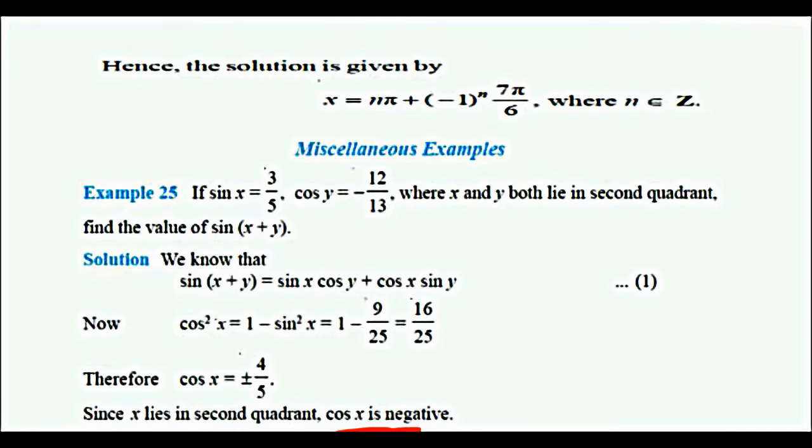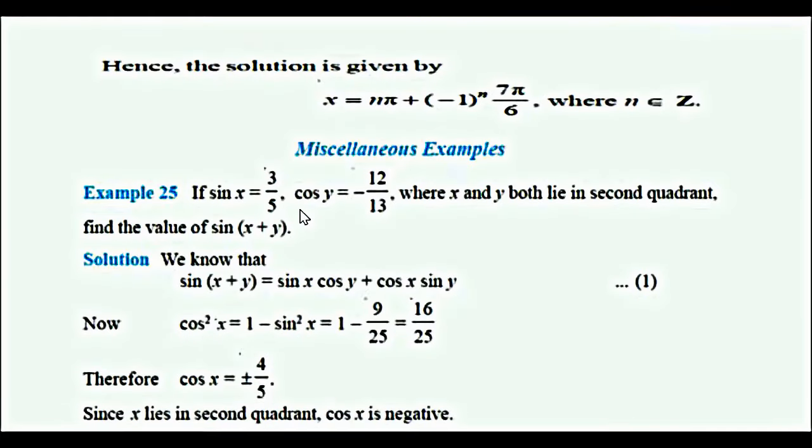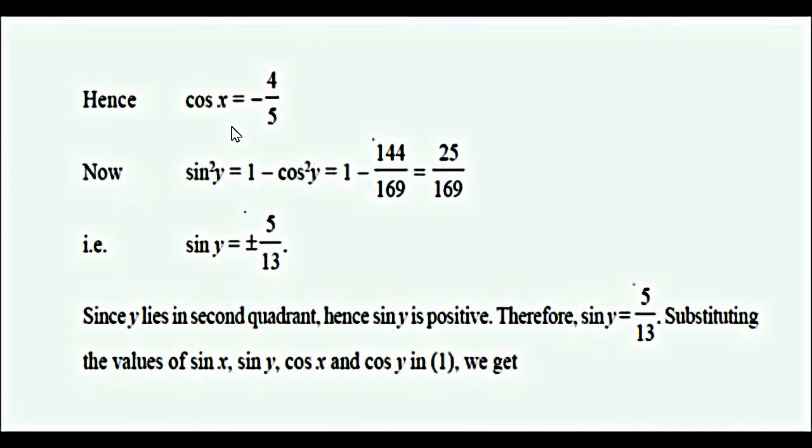Cos x is negative. Then let us go back and solve for y. Cos y is equal to minus 12 by 13. When we compute all these, sin x cos y, cos x sin y, we are going to put these values in this equation number 1. So cos x is equal to minus 4 by 5. So again we will use this expression, sin square y is equal to 1 minus cos square y.